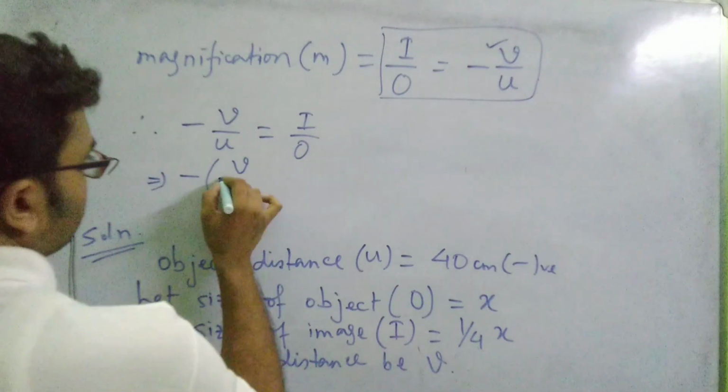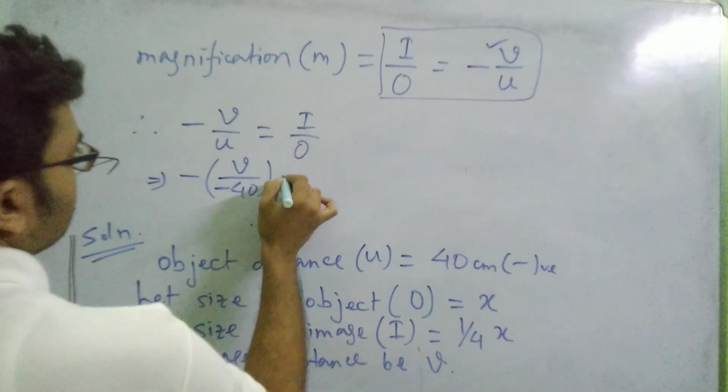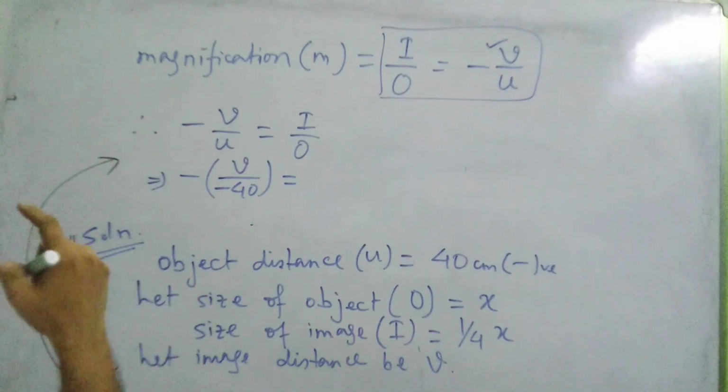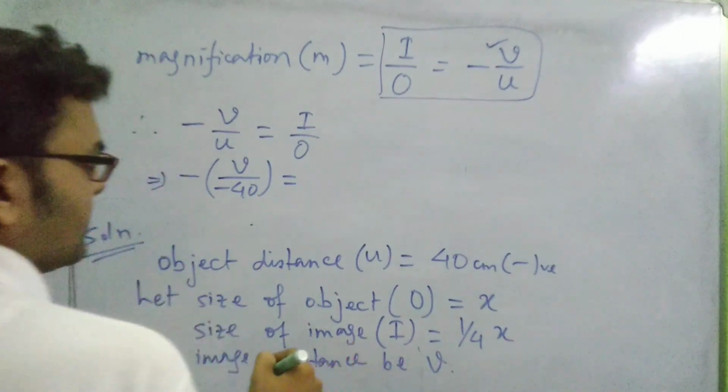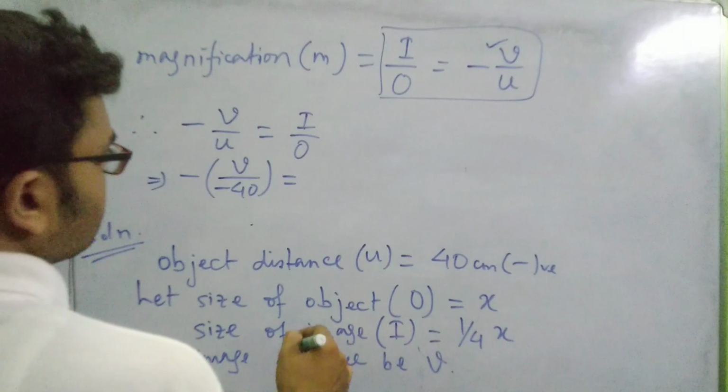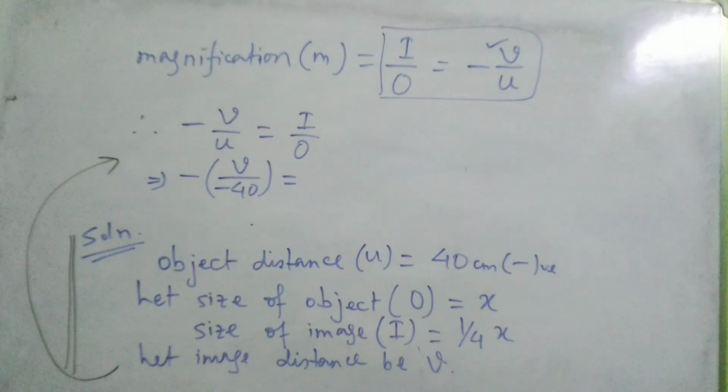Now U is minus 40, so let us take it as minus 40. I is how much? It is 1/4 of X. Now you have to consider, here it has been said that the concave mirror's image size is 1/4. In case of a concave mirror, all the images are real except one case where the image gets magnified.